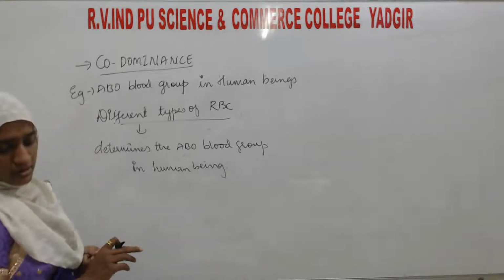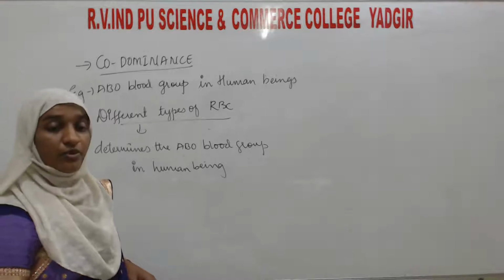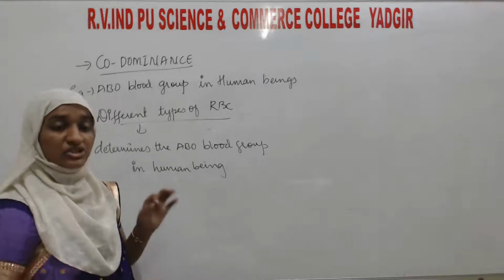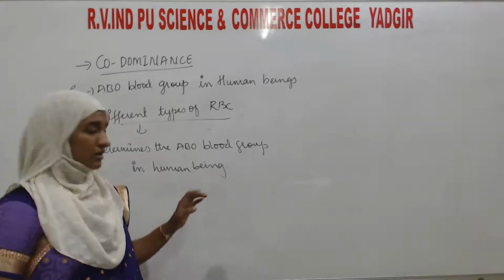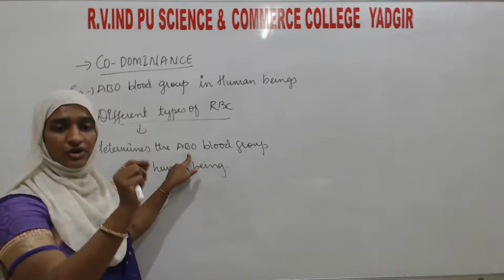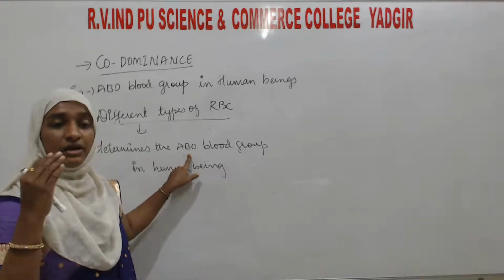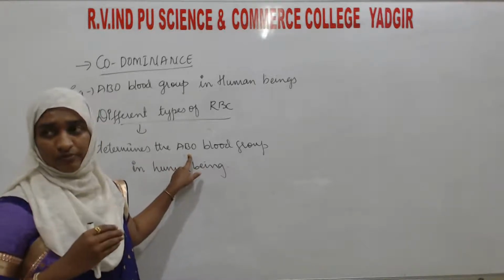Okay, till now, next thing here, this ABO blood group. One gene is responsible for the ABO blood group. That gene will code for that particular trait, then only a human being will have a particular blood type or blood group.